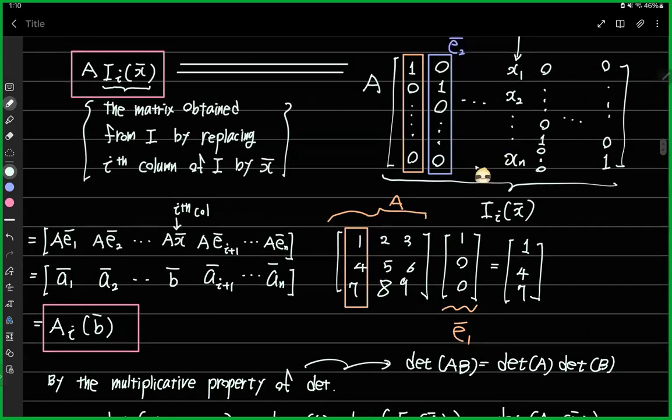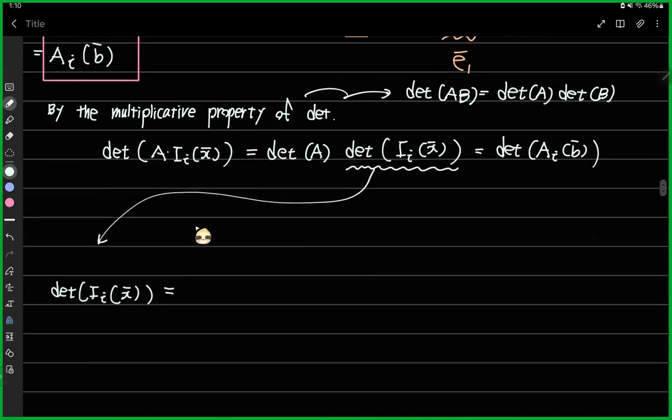Right there, this is I sub I of x. So let me bring this one here. This is 1, then here's 1, there's 1 through the x sub I, right? And then here's x1, x2, x3 through x sub i, then x sub i plus 1 through x sub n, right?